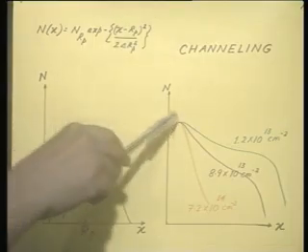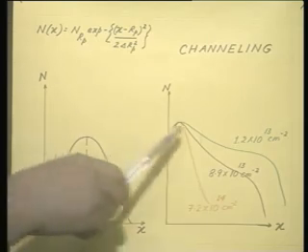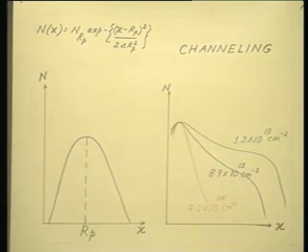The middle curve has the middle dose, that is 8.9 into 10 to the power 13 per centimeter square, slightly more than the first curve. And the orange curve here has the highest dose of 7.2 into 10 power 14 per centimeter square. You see that the channeling is most evident when the dose is relatively small.